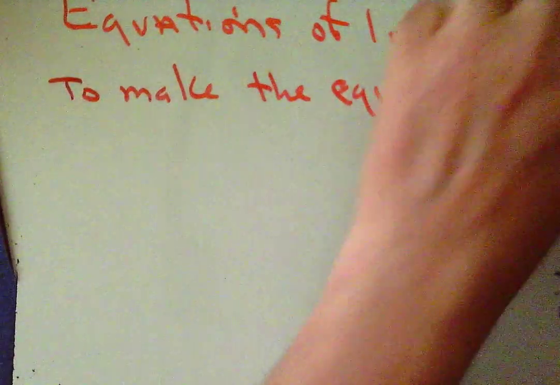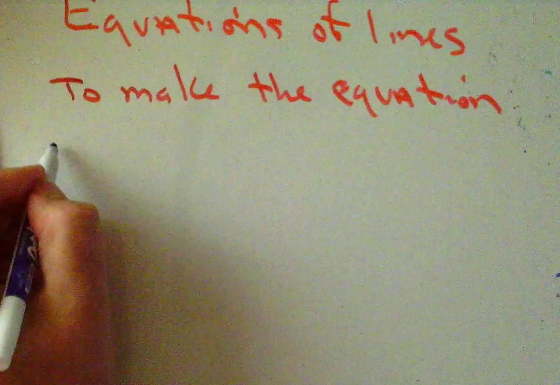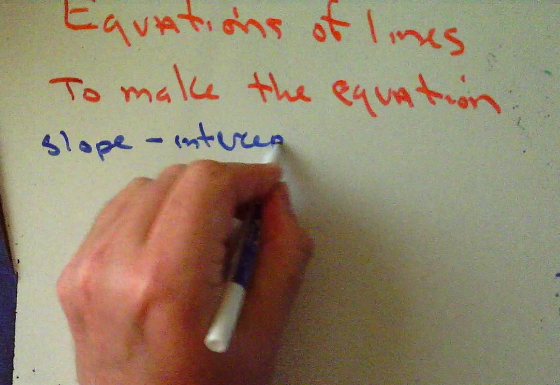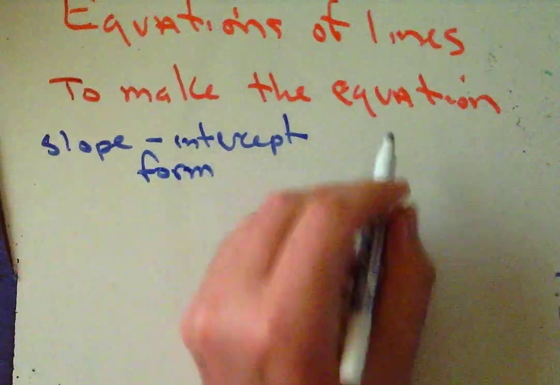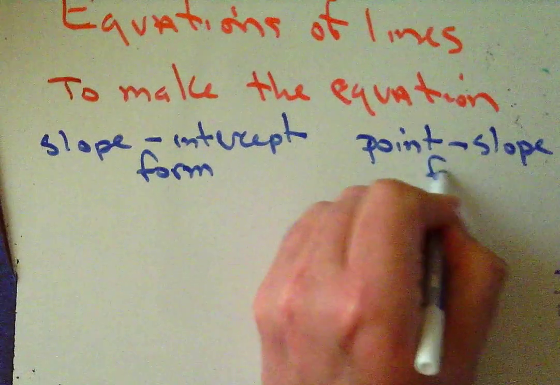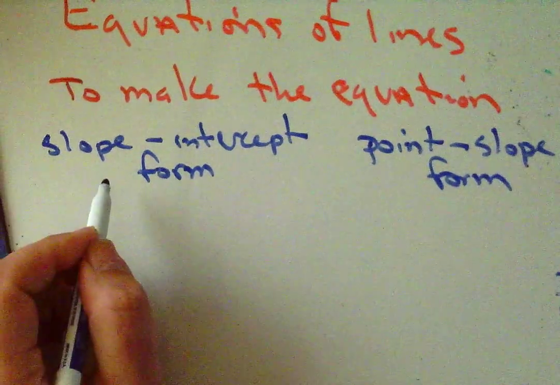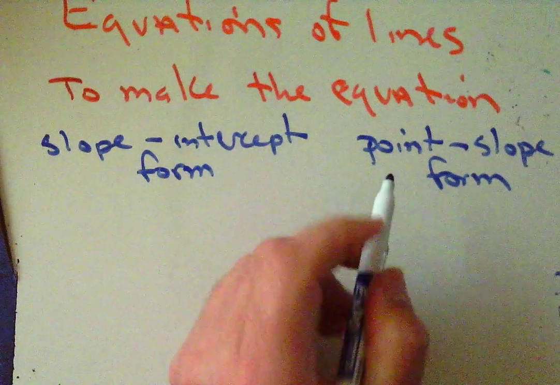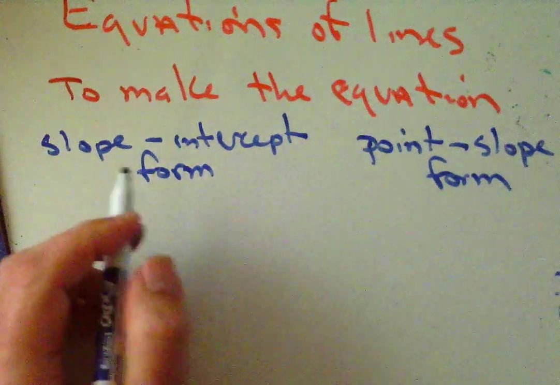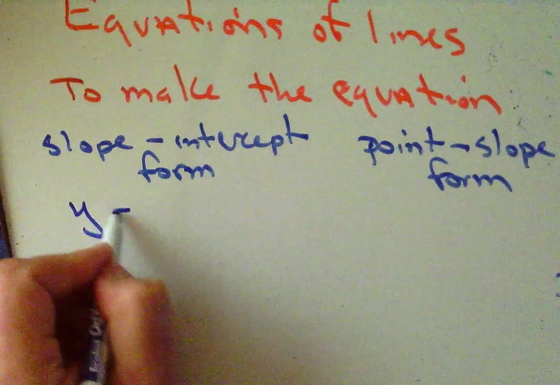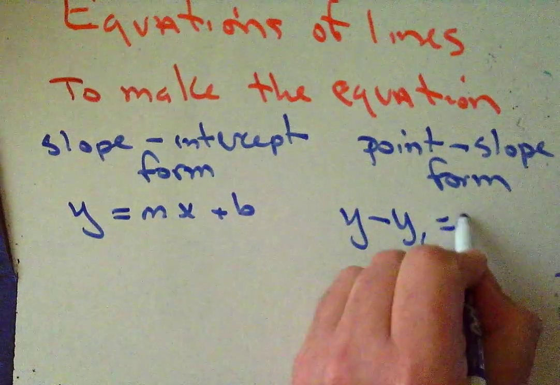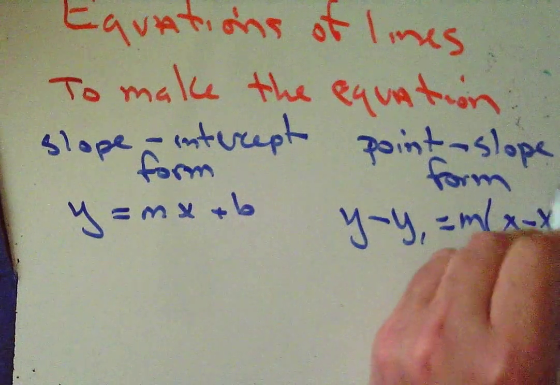Those two forms are slope-intercept form and point-slope form. Many of you probably prefer using this one. I actually prefer using this, and all my calculus students only use this one. So let's take a look at them. They're y equals mx plus b, and y minus y sub 1 equals m times (x minus x sub 1).